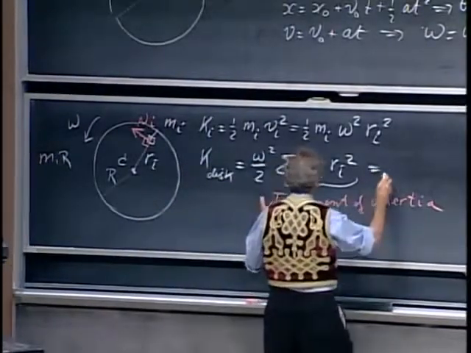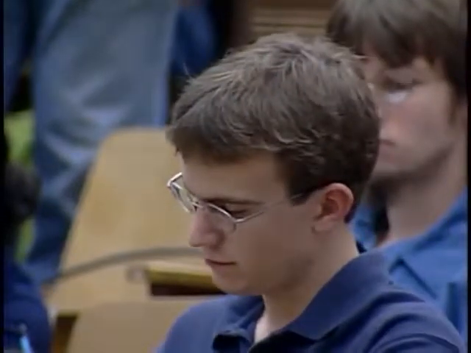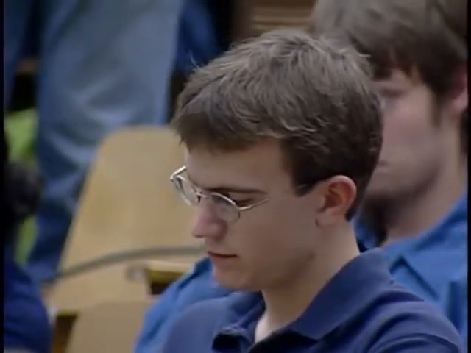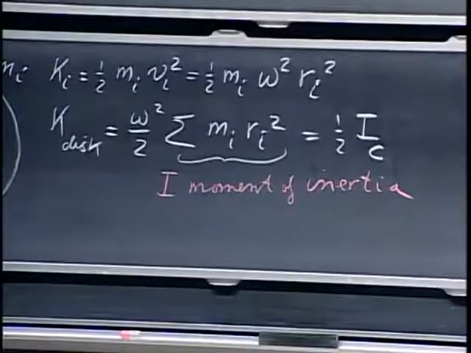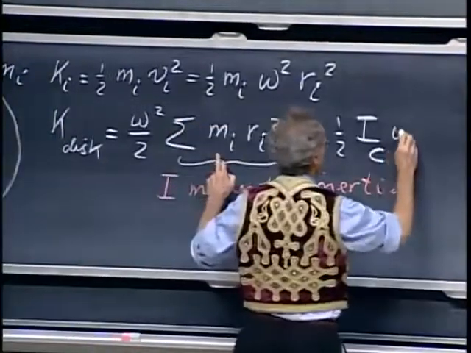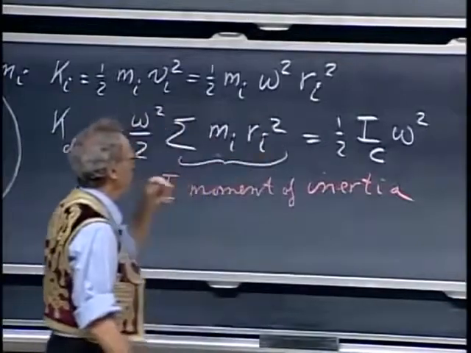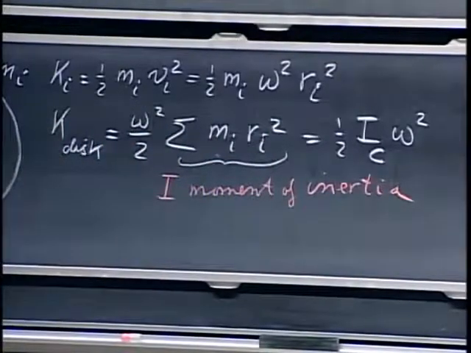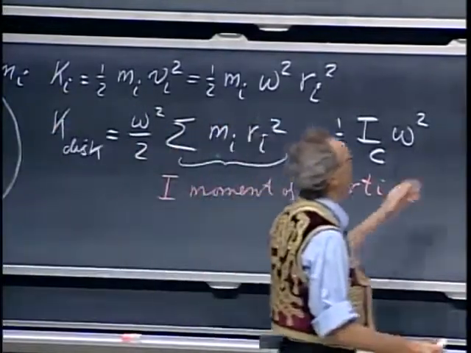So this can also be written as 1/2 I_C omega squared. I put a C there, you will see shortly why, because the moment of inertia depends on which axis of rotation I choose. And when you see that equation, you say, hey, that looks quite similar to 1/2 mv squared.